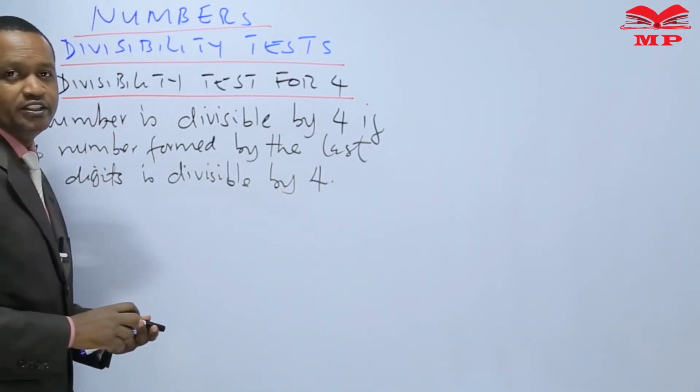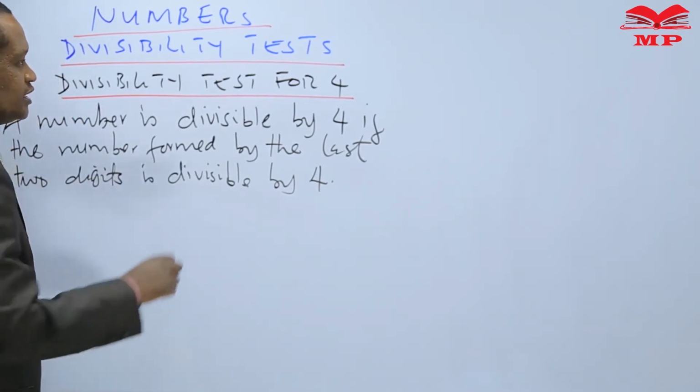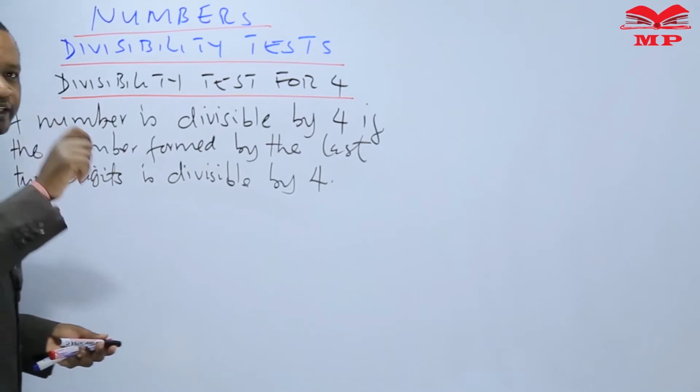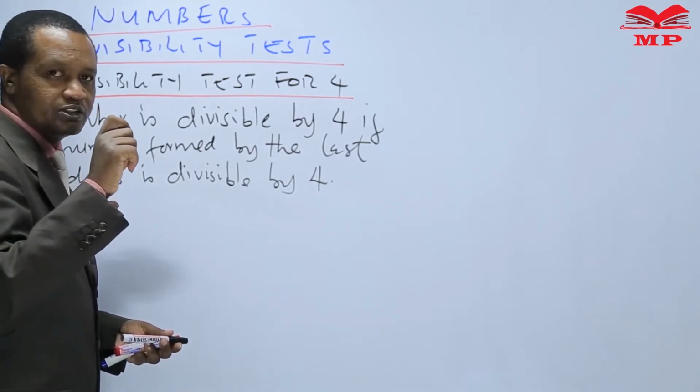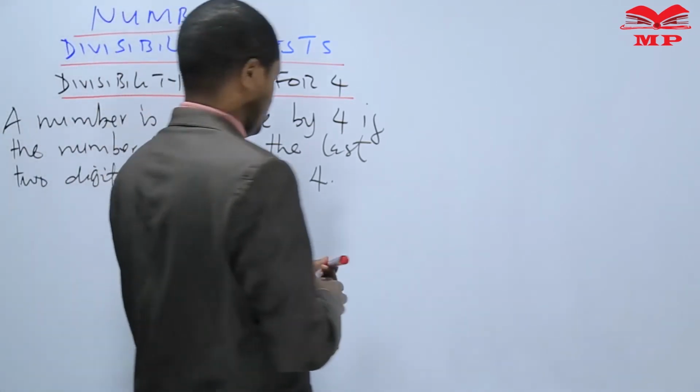A number is divisible by 4 if the number formed by the last 2 digits is divisible by 4.